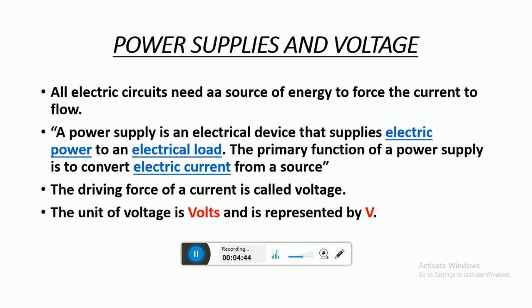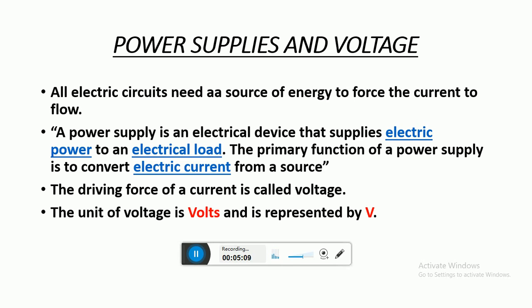Now let's move towards voltage. The driving force of the current is called voltage. Definitely current will flow in electric circuits. For example, take the electric iron: current from the main switch goes to the electric iron.